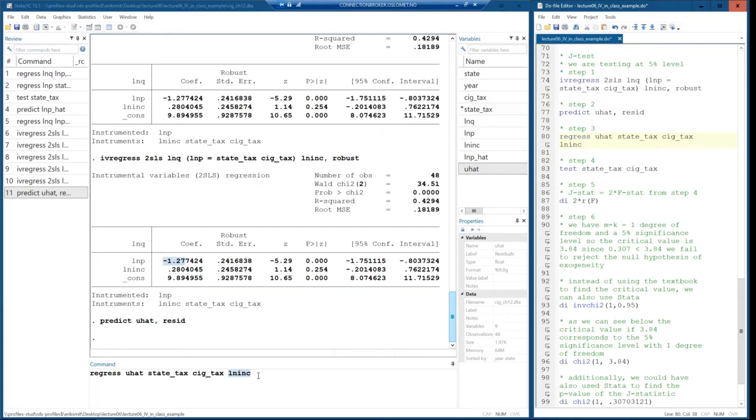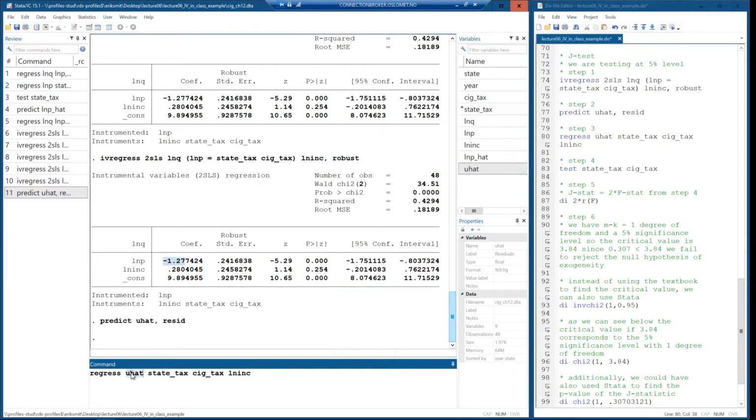So we are trying to explain the variation in the residuals by using the information in our two instrumental variables and the control variable.